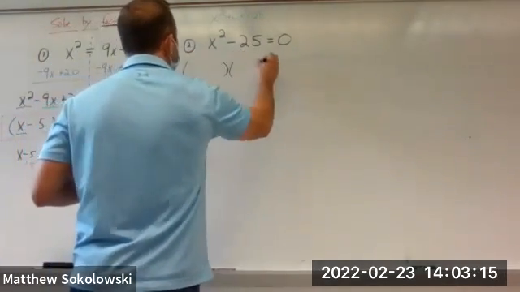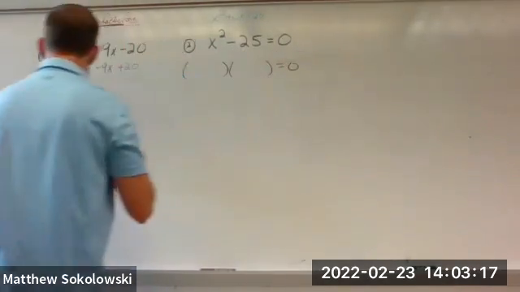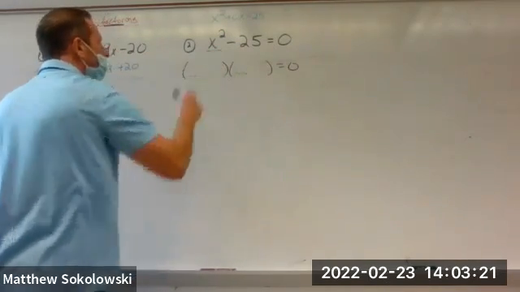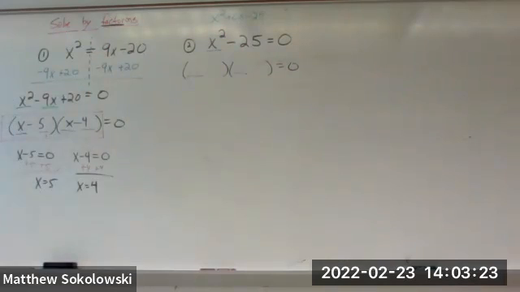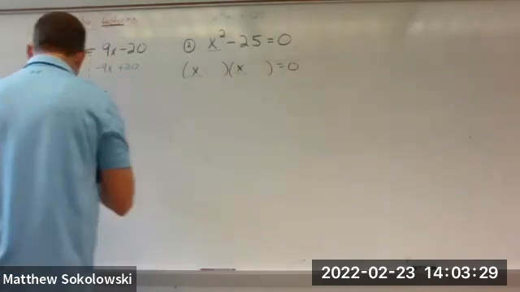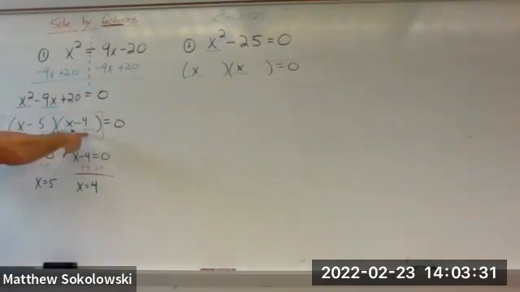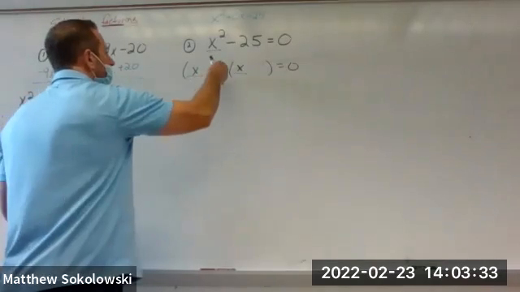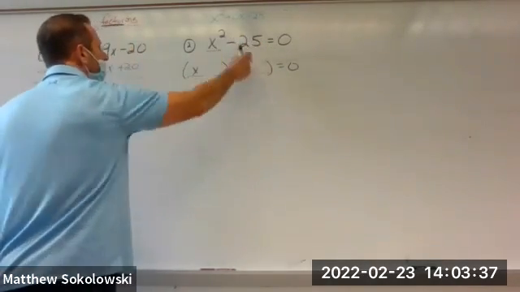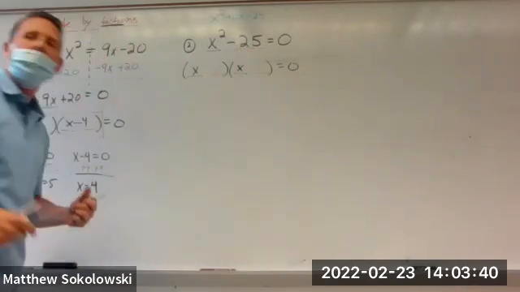Make your 2 parentheses. This times this gives you this, which is what? X and x. And then the same thing, those 2 give you this. This times this gives you this. Blue to the blue, red to the red. What multiplies to be negative 25?